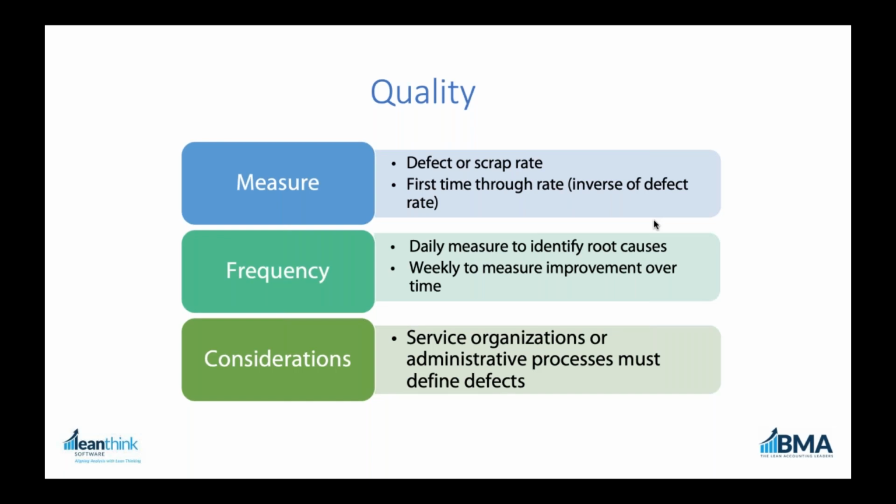So, for example, if you are measuring defects in accounts payable, a defect could be a missing or incorrect item on an invoice that you receive from a supplier that prevents you from processing that invoice. Pretty simple. Anything that's incorrect and we can't continue to process is a defect. You can look at the same thing in terms of a loan application for an insurance policy. If there's missing or incorrect information, there's a defect.